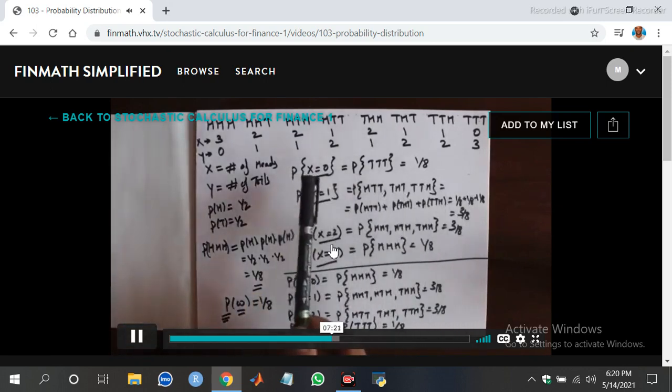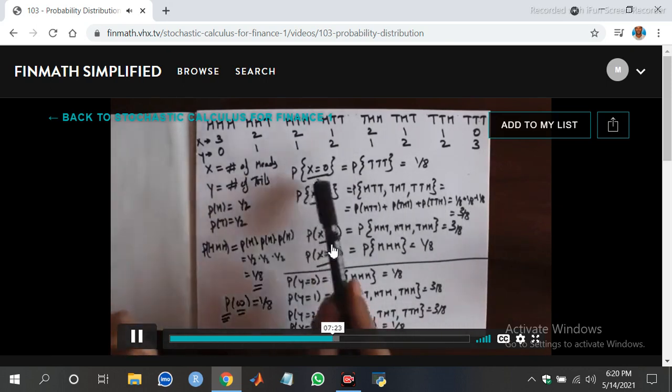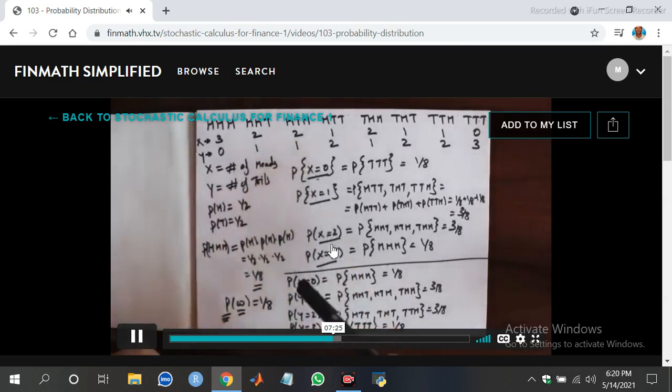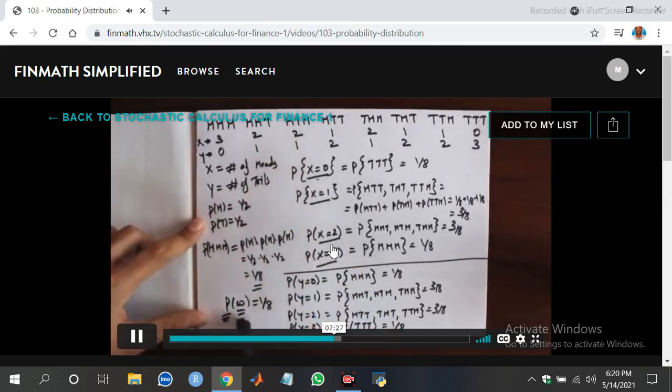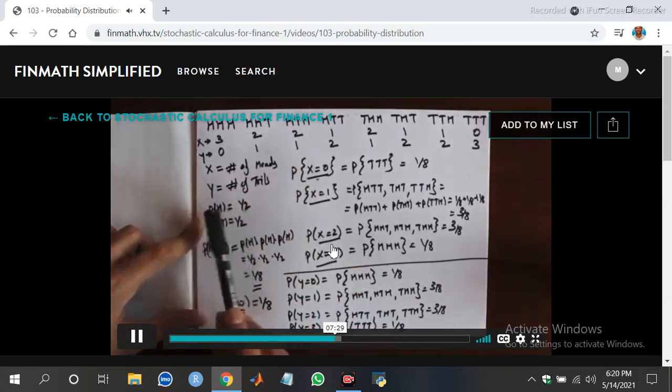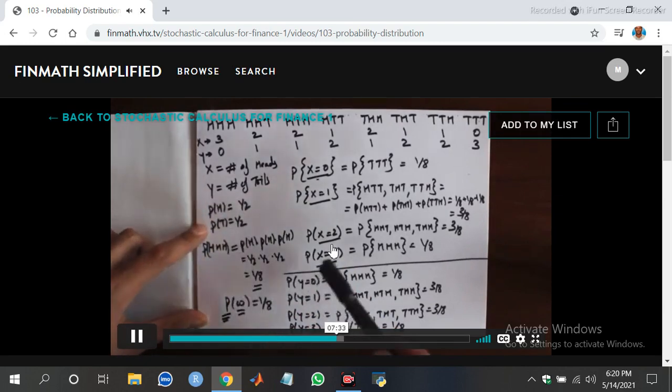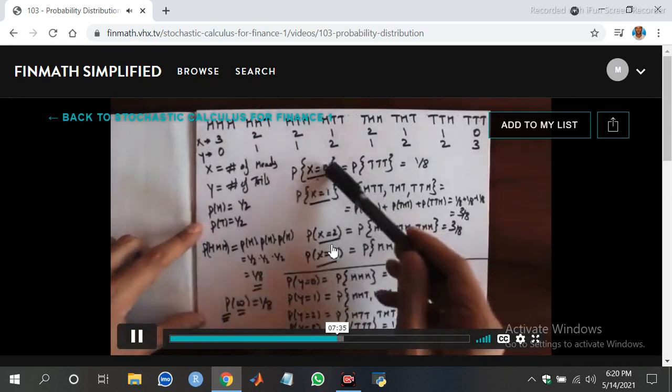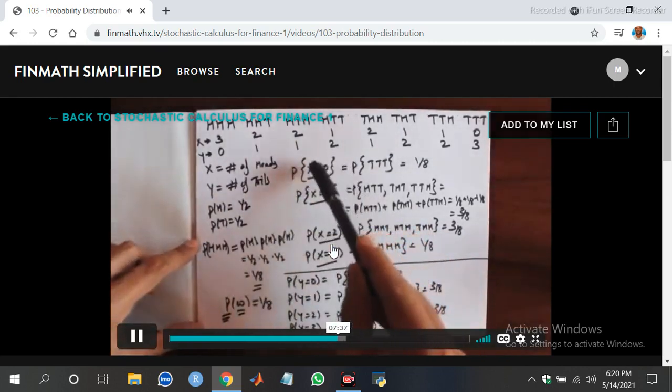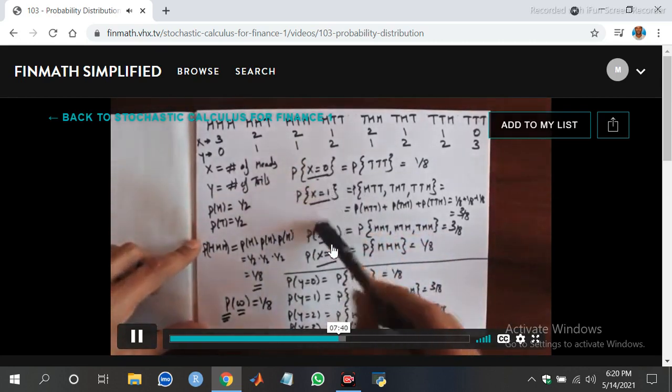So interestingly, the probability distribution of this particular random variable x and y under this measure, which assigns the probability of half to head and tail, is basically the same. So the probability distribution under this measure for random variables x and y is exactly the same.